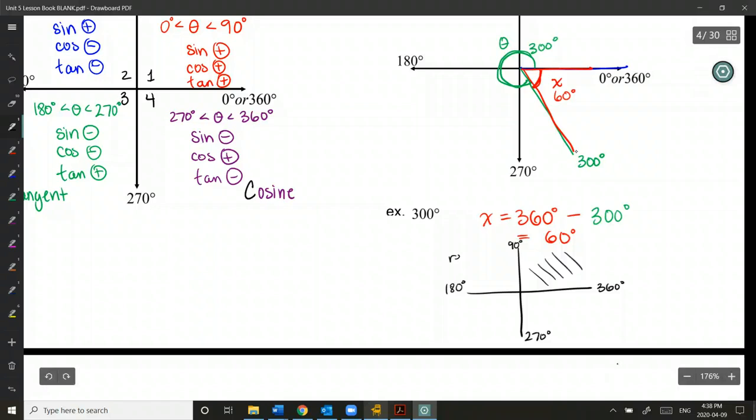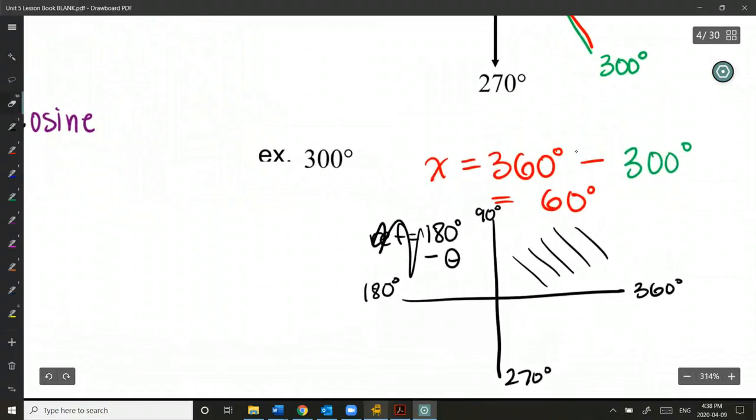In this one, your reference angle will be equal to 180 subtract your angle. Let's zoom in here a little bit. Just find a good spot to put this in your notes. Your reference angle will be equal to 180 minus your rotation.